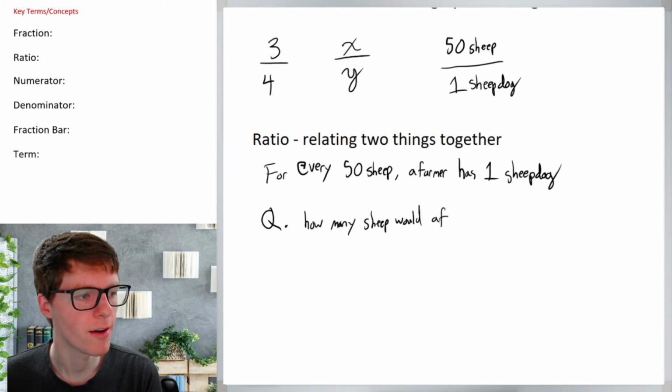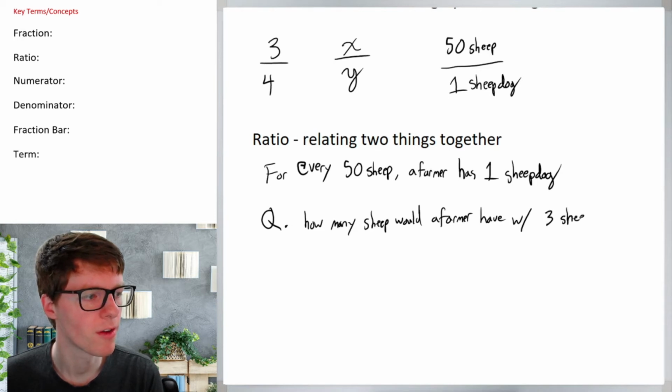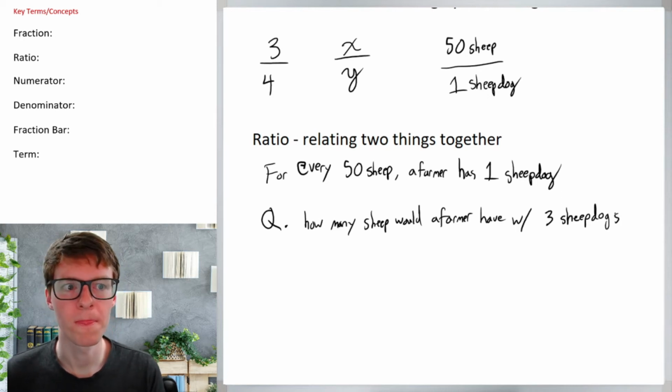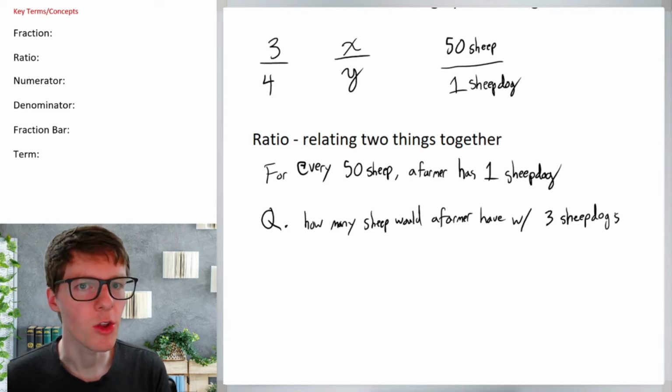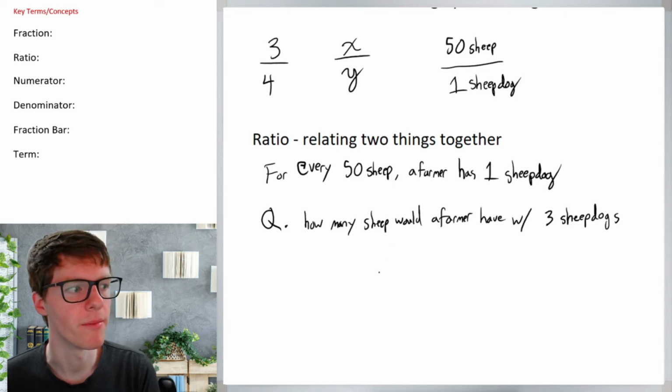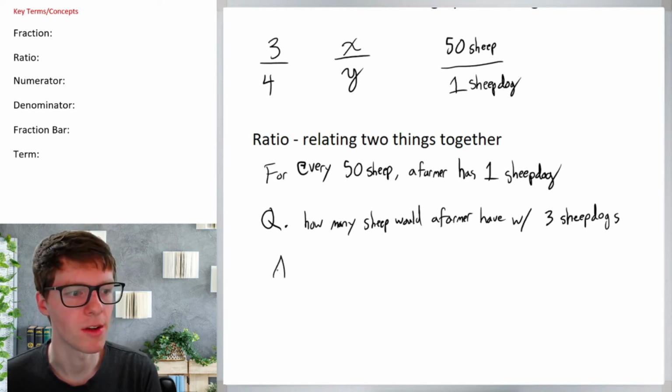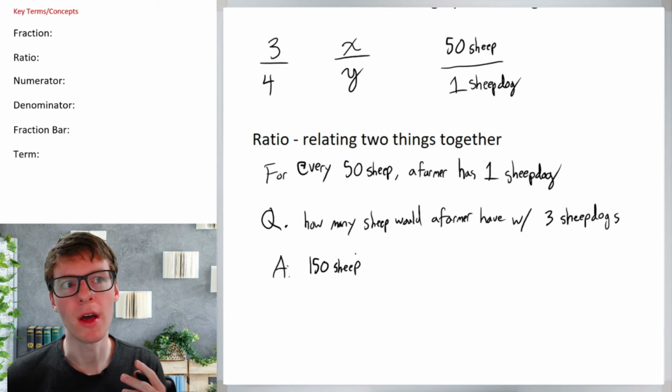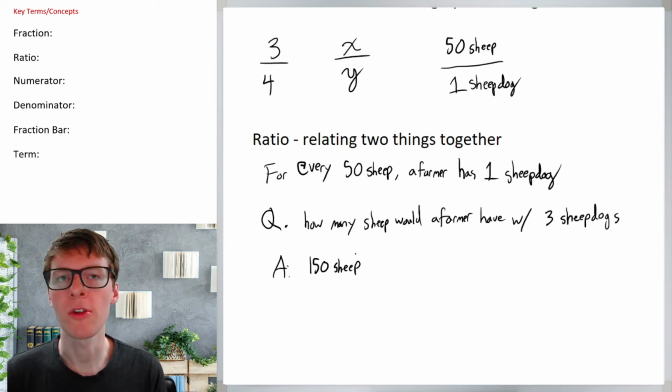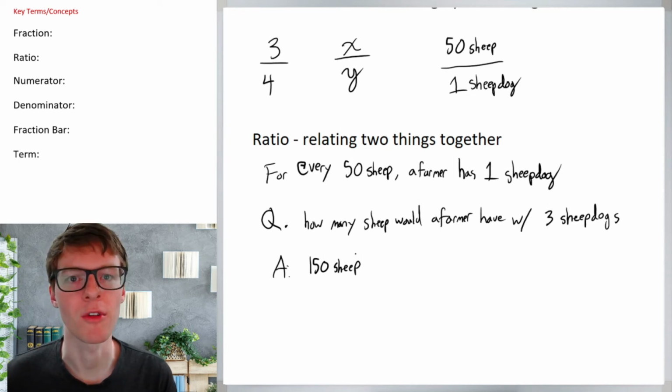Kind of intuitively, you may be able to guess that it's going to be 150 sheep. But we want to be able to do that both intuitively and with the math.